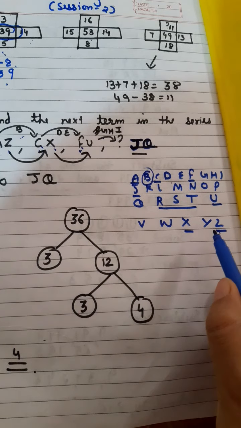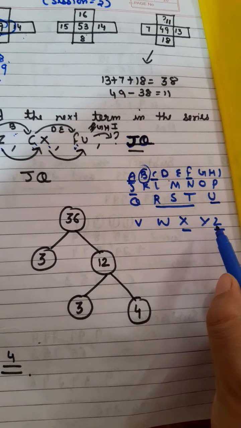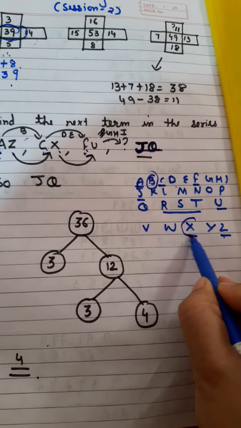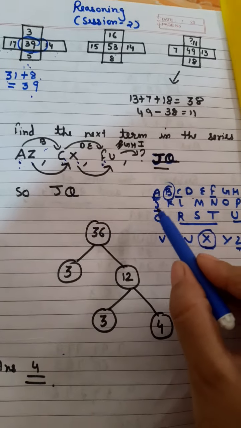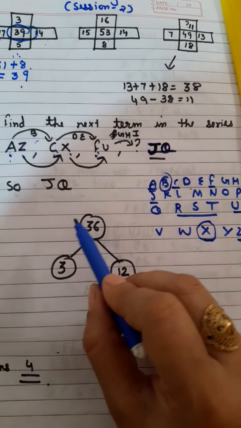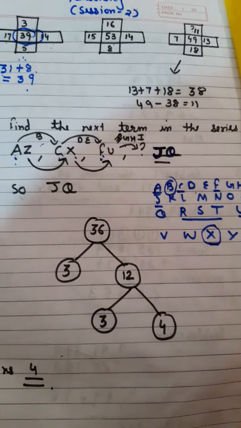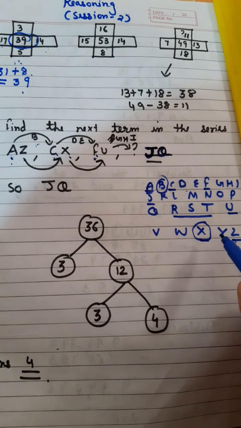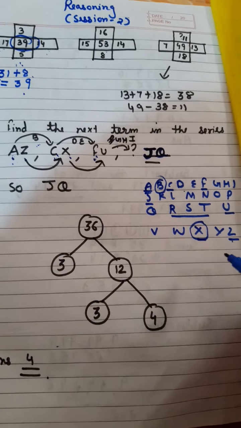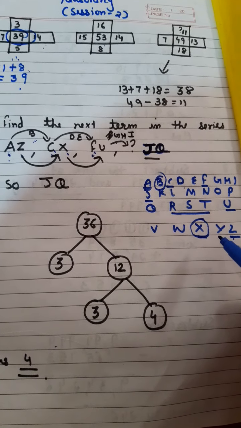And same way, before Z we are having Y. Y is not written here. They had written here X. It means from the series, in the same way, B is missing, and from the backward Y is missing. Clear? Means here they had skipped one alphabet, and here also they had skipped one alphabet.